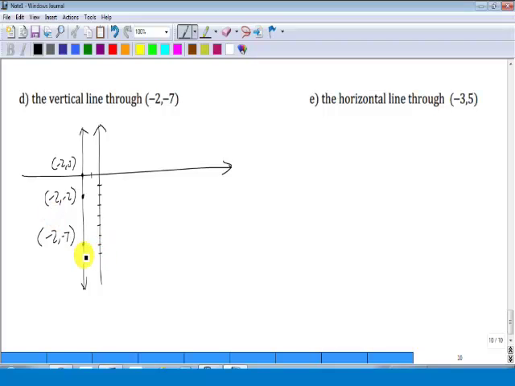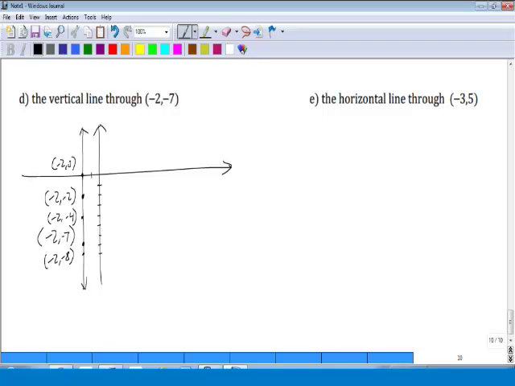How about -2, -8? That's on there. What else? Where's that point right there? -2, -4. That's definitely on there. -2, -100. Yes, not in my viewing window here, but that's on there. So we ask ourselves, what do all these points have in common?